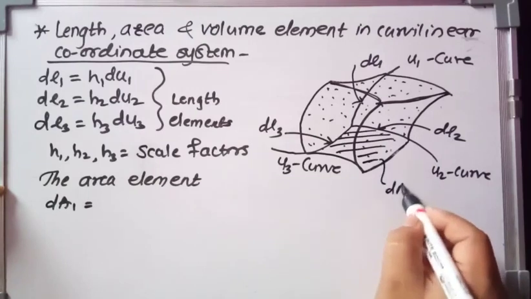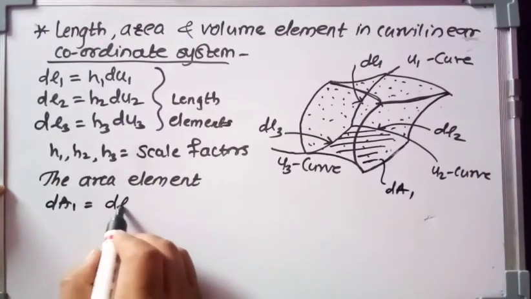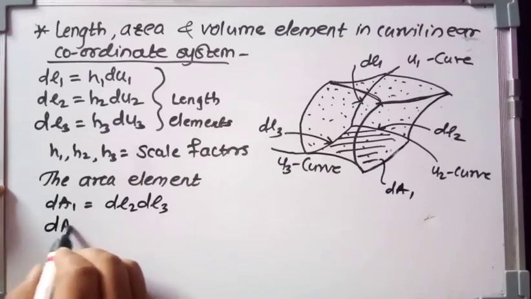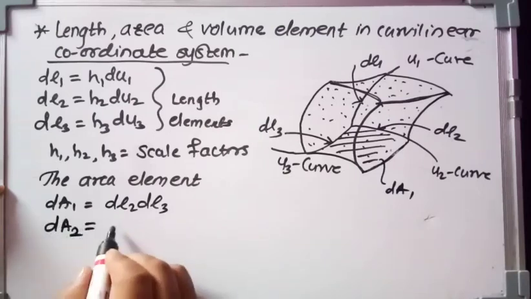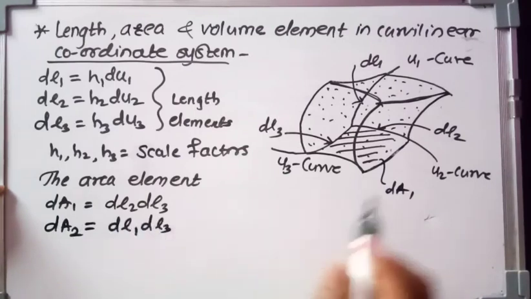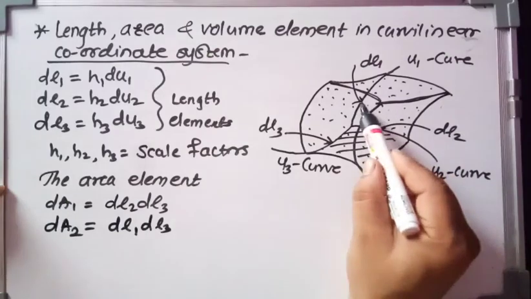This area element is dA1, dl2, dl3. Now I want to write area element dA2, which is dl1, dl3.